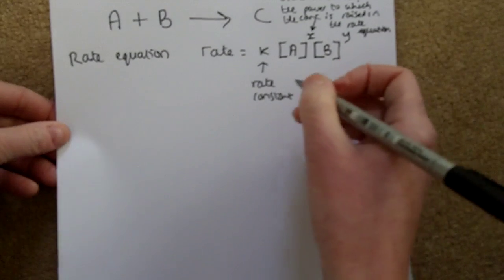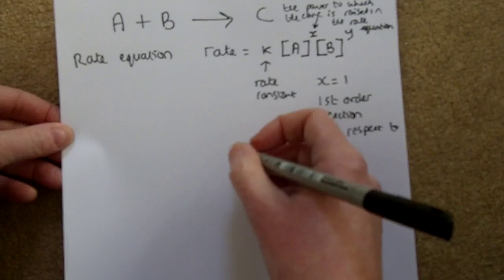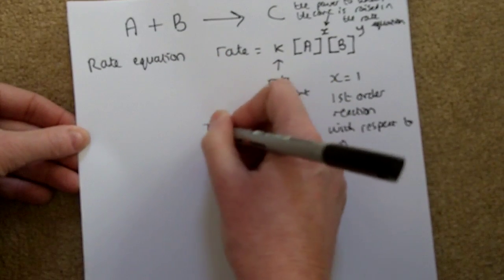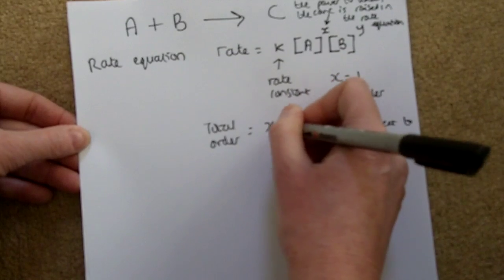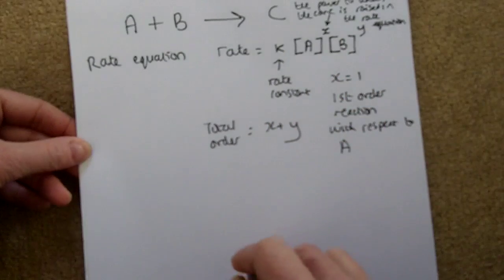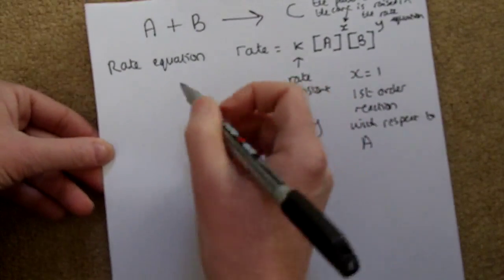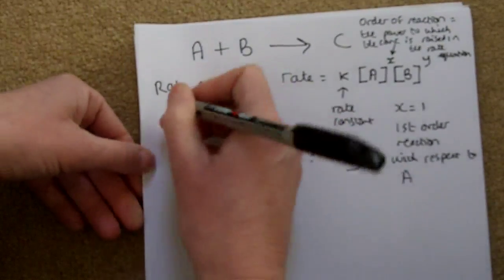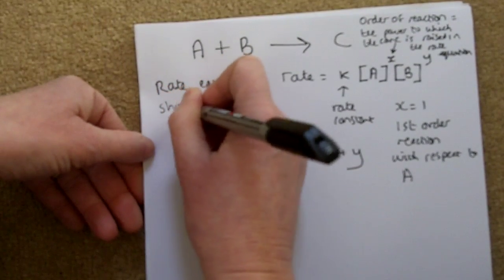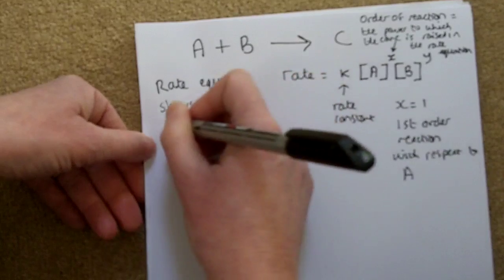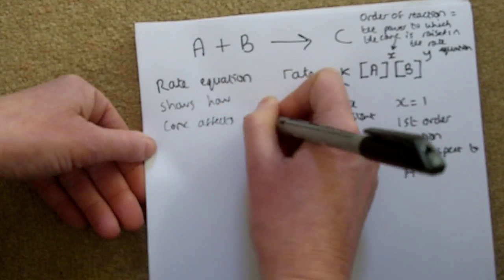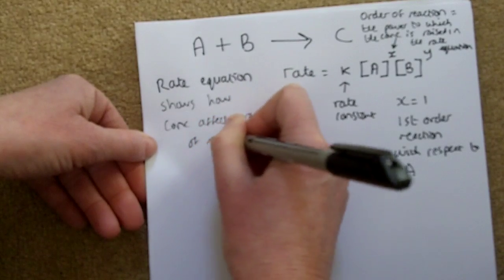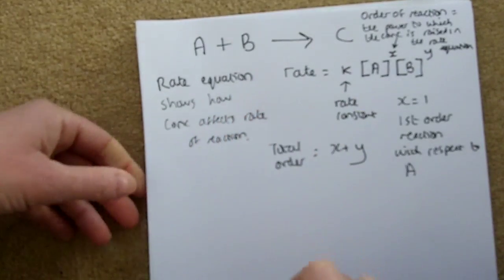If you want the total order of reaction, you just add x and y together. So what's the point of the rate equation? It shows how concentration affects the rate of reaction.